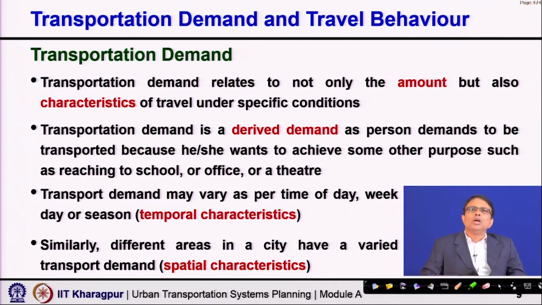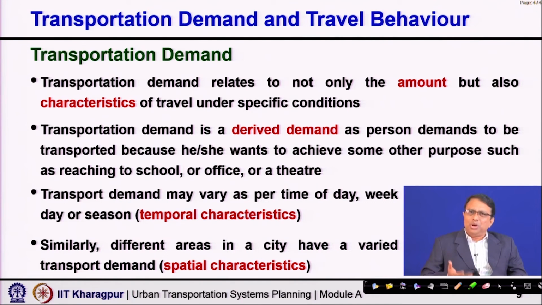The second is that not all roads in an urban area are equally congested. There are multiple roads in an urban area. Are all roads equally congested? The answer is no. Maybe on some road there is more demand, somewhere there is less demand. So, there is a spatial characteristic of the demand.